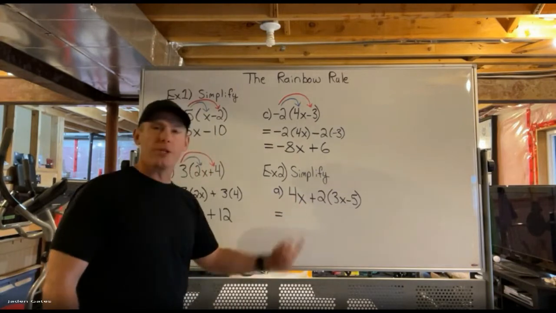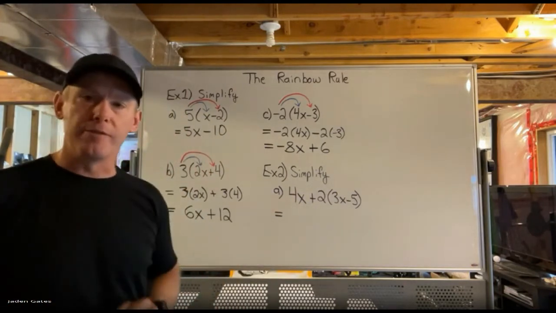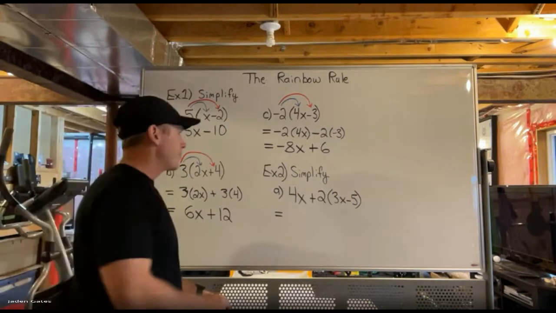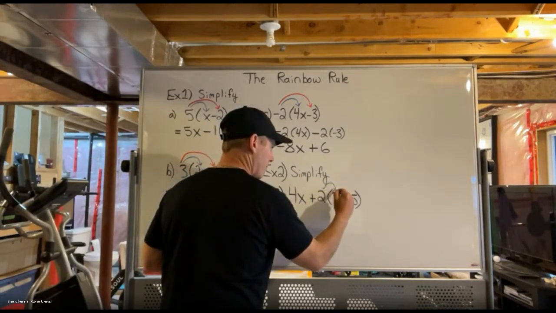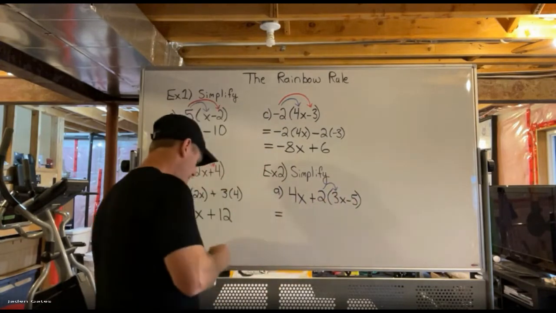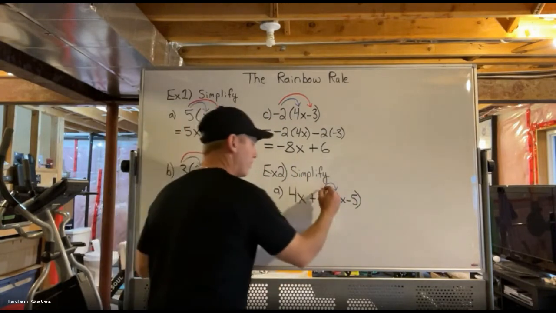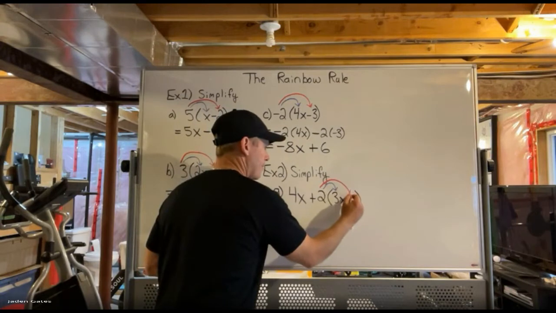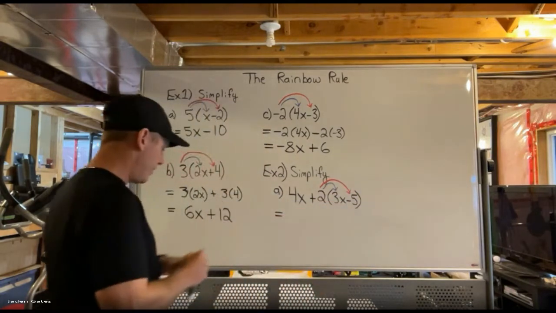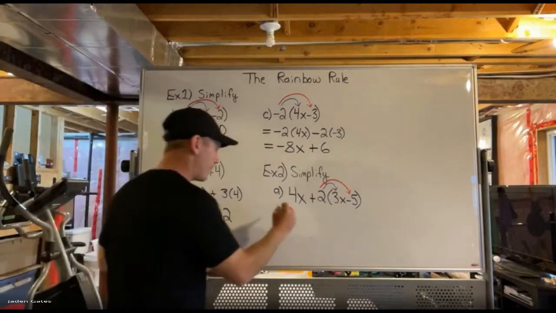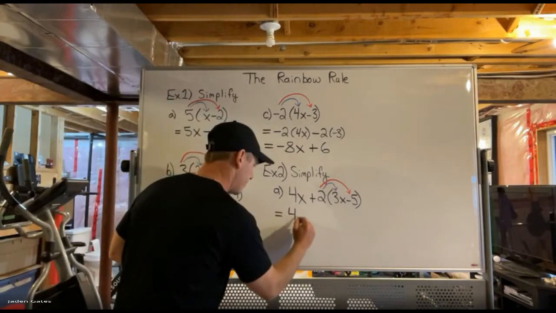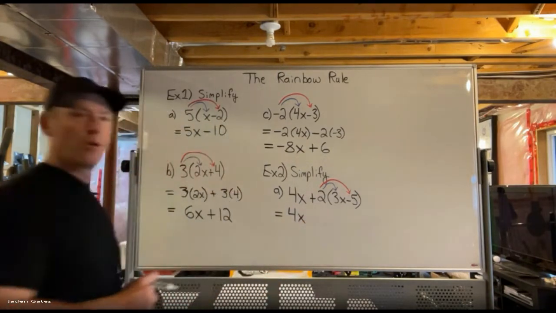There's nothing going on with this 4x, so it is not going to be involved with the rainbow rule. And so I'm going to have to take this 2, multiply it by my 3x, and take that 2 and times it by the -5. But in the meantime, this 4x is not going to do anything. So I'm just going to rewrite it down. It's not involved, like I said, in the rainbow rule.